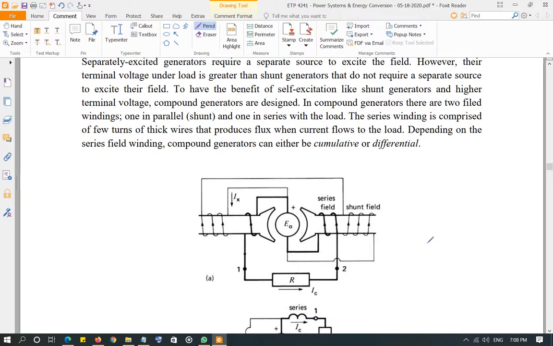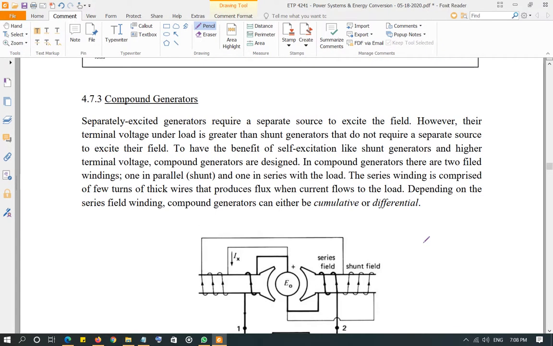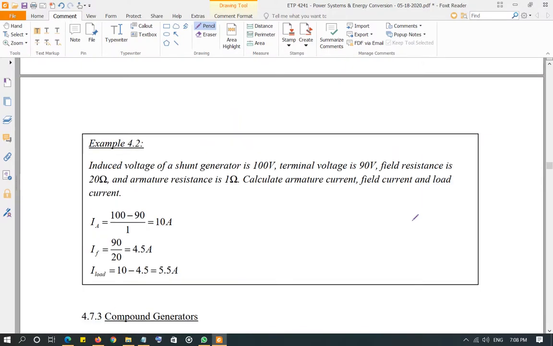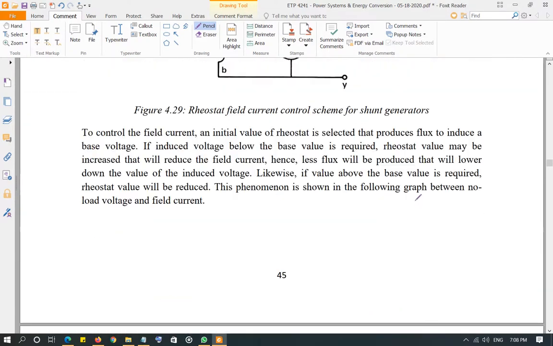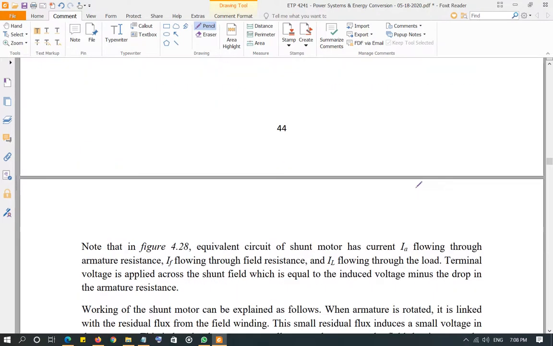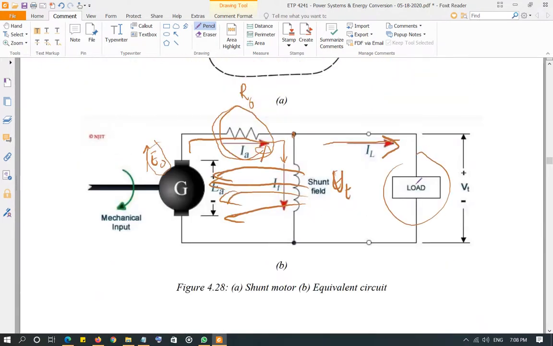Now, in compound generator, we have two fields. One field is in the shunt, as in the shunt generator, and one field is connected in series with the load. So if I go back here, one field is the shunt that you see, and the other field is going to be right over here. This is going to be another electromagnet.